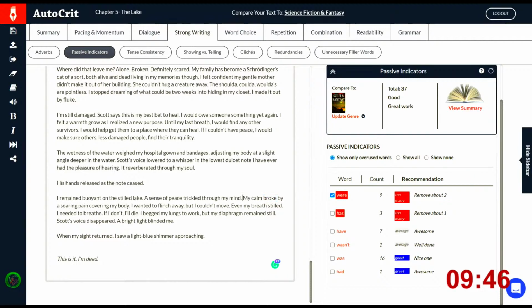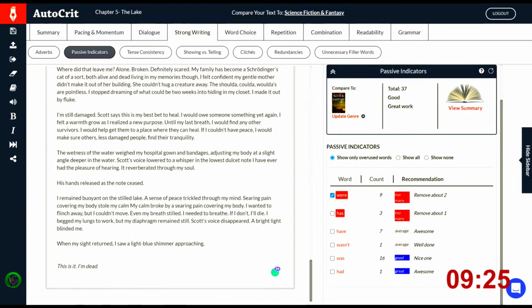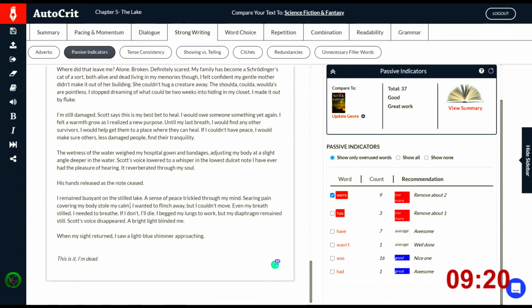Let's say searing pain. Covering my body. Stole my calm. Broke my calm.